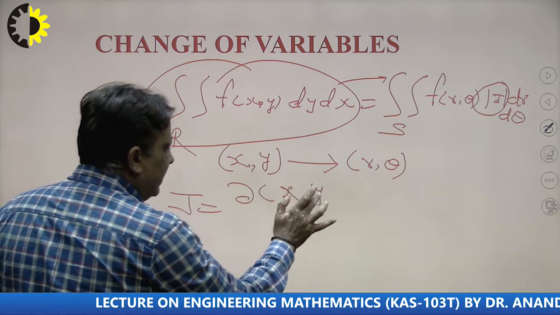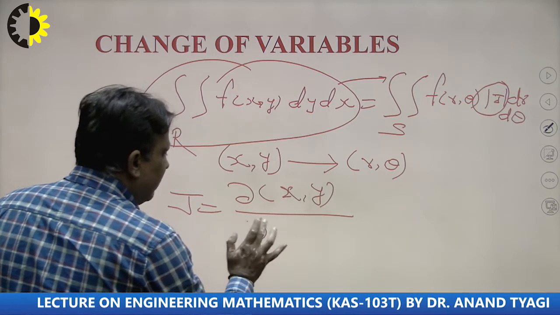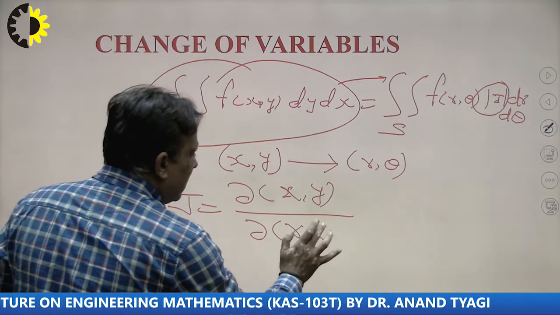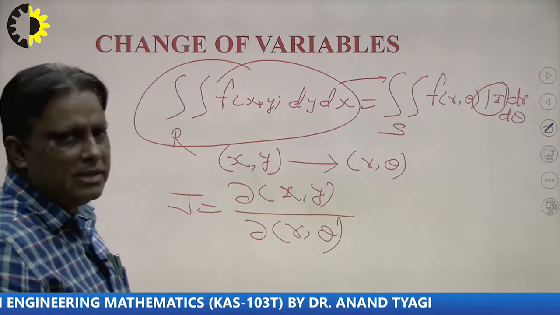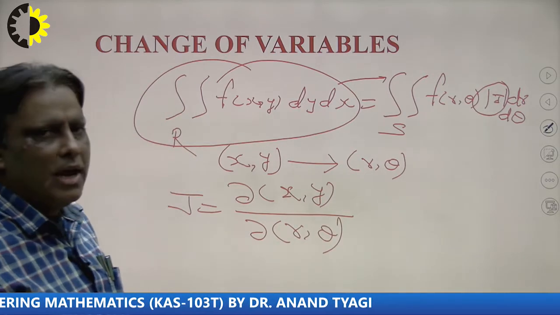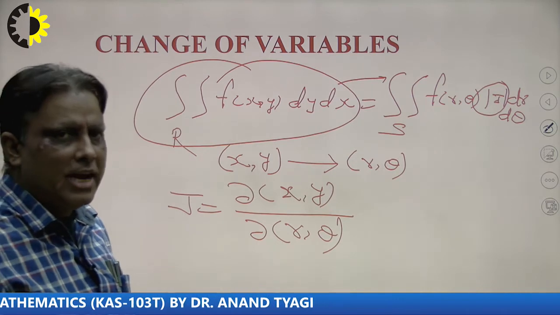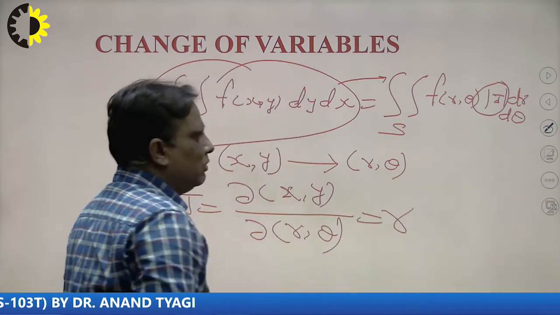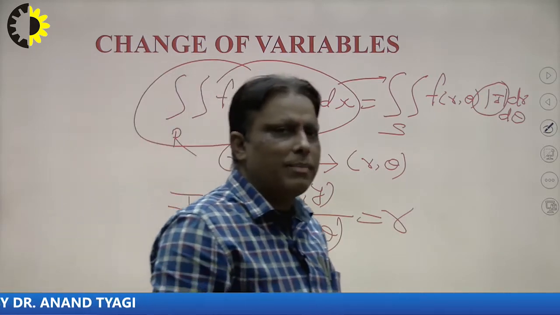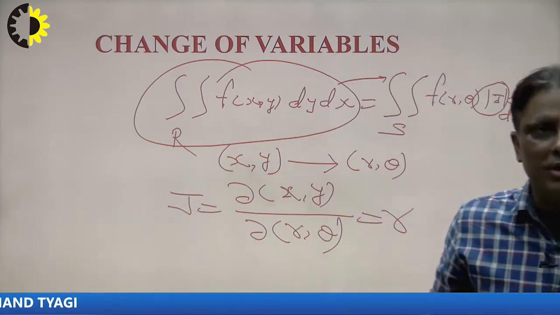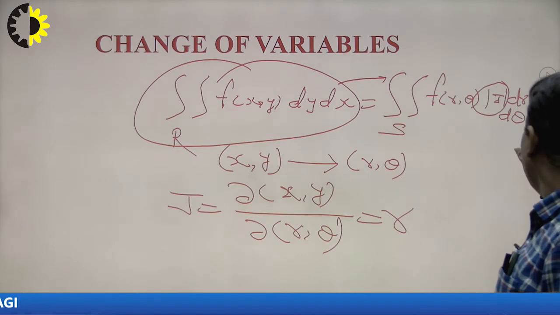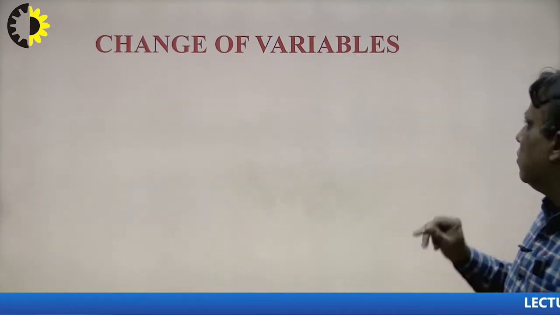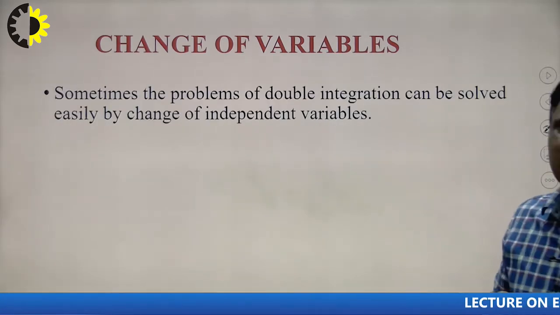I explained it in the previous lectures when we studied partial differentiation, and the Jacobian of the polar form is equal to r. So in this case we can convert our problem into polar coordinates. That is the simple way to do our calculation. Now let us discuss what will be the role here.